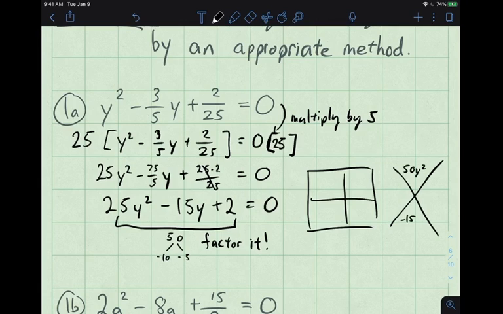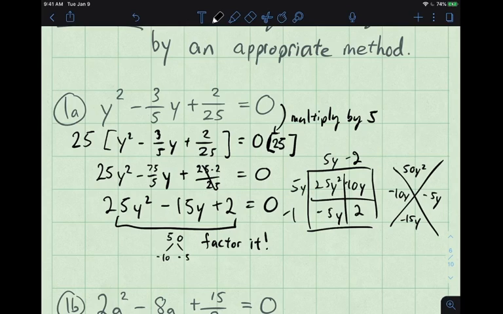Add up to this, negative 10y, negative 5y, put it all in, 25y squared, 10y, don't forget the negative, negative 5y, 2.